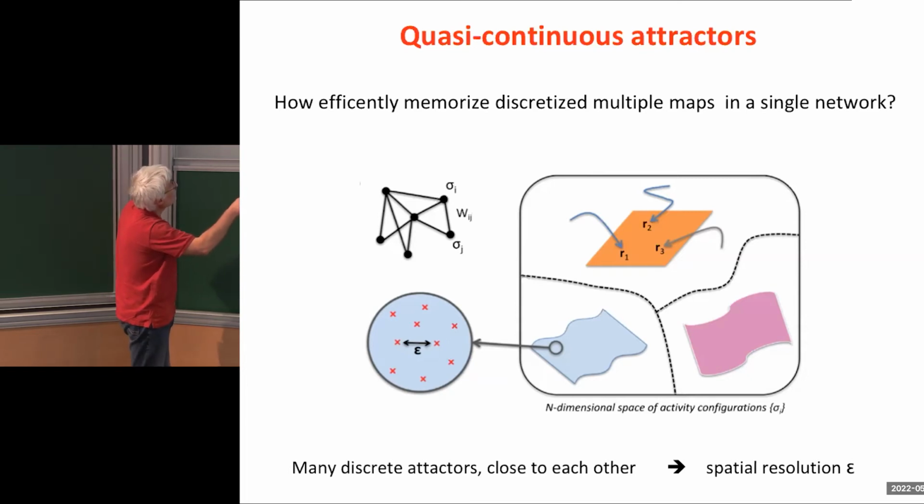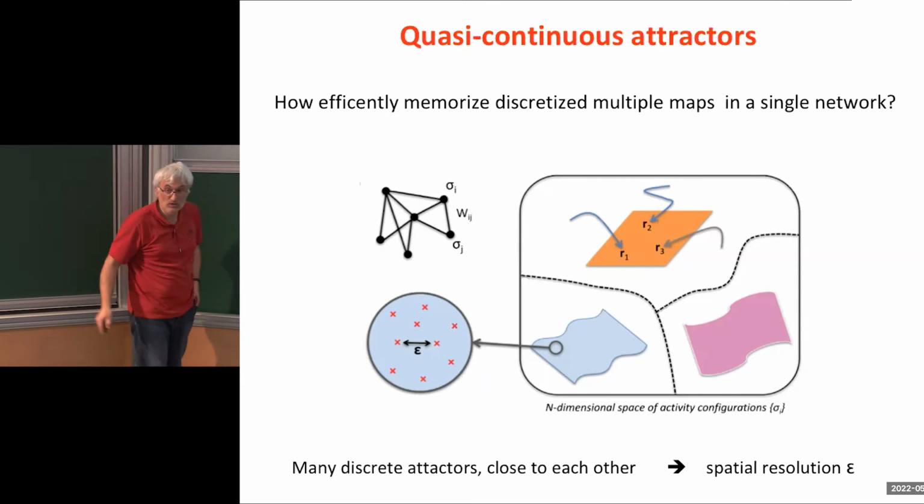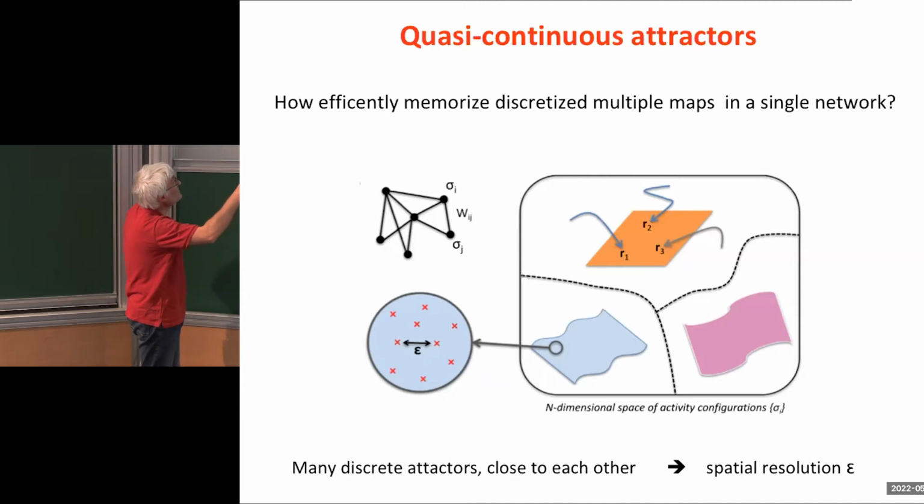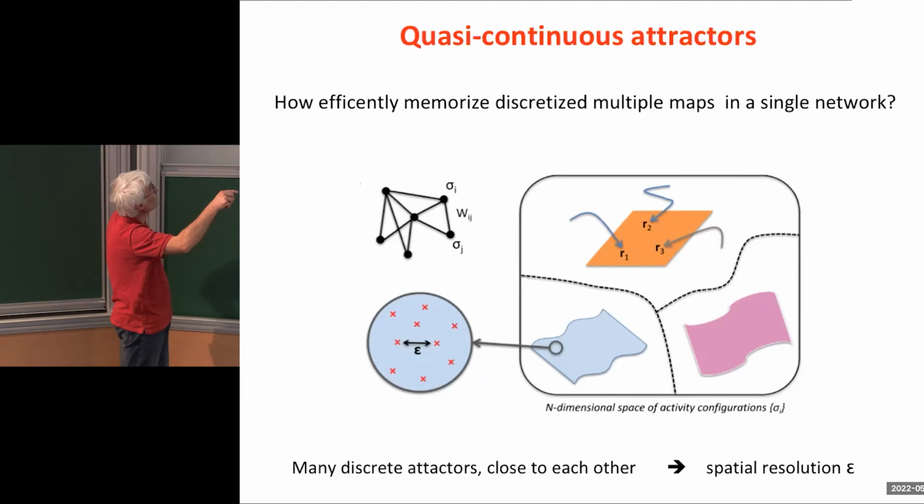And how do I do that? I will impose that, for instance, on this blue map, I will just draw randomly some points. And the distance between nearest neighbors is epsilon, which I control. And I want all these points to be fixed points of the dynamics of the neurons. I will show you the dynamics in a moment. So I'm sure that there will be a lot of fixed points, so I can put my bump here, there, and so on.